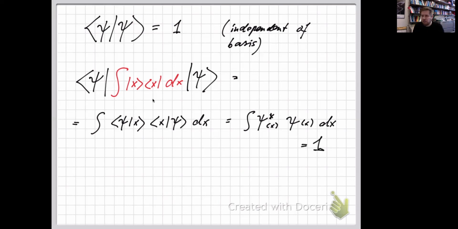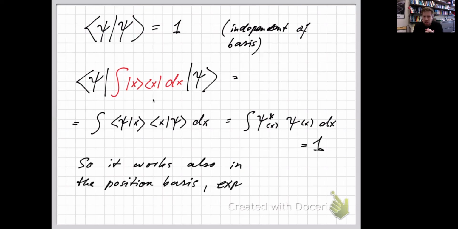This is how we started out the course. We know that has to be 1, and so it works also in this position basis, right? So we knew already that the inner product had to be 1, but if you express this inner product in the position basis, we arrive at an expression that we already knew had to be 1.